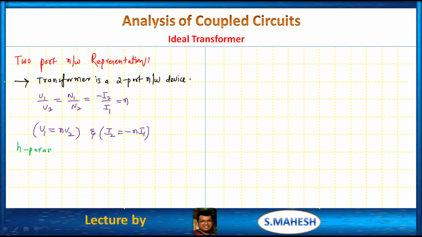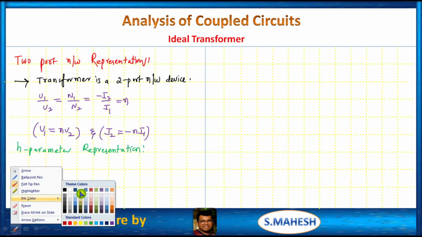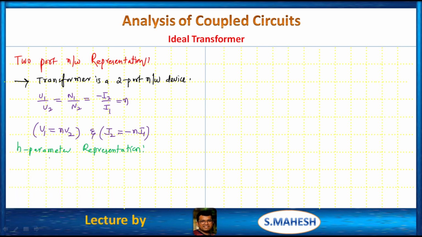First we have to represent the H parameter representation. In case of H parameter representation, what do we have? V1 is the input supply voltage, 0 into I1, we don't have any parameter, but N into V2 coming to I2, right? Minus N I1 but 0 V2, right?